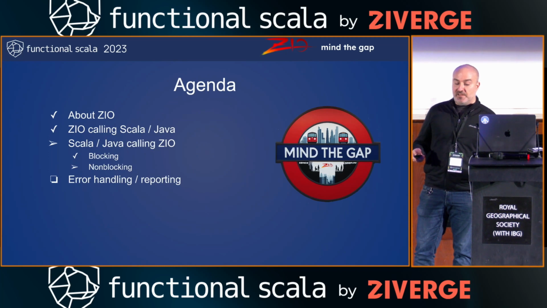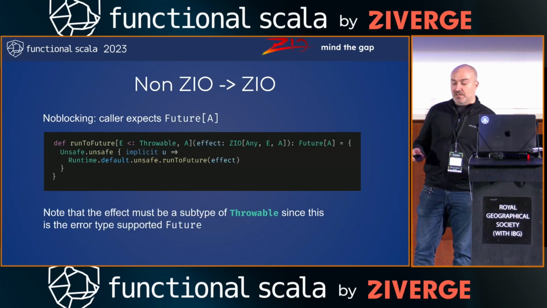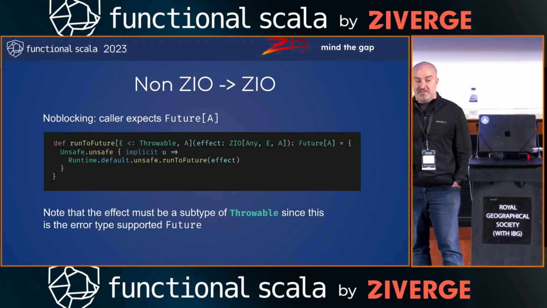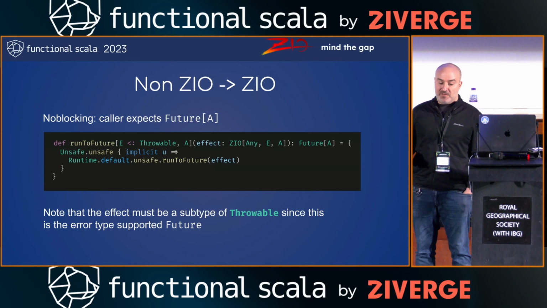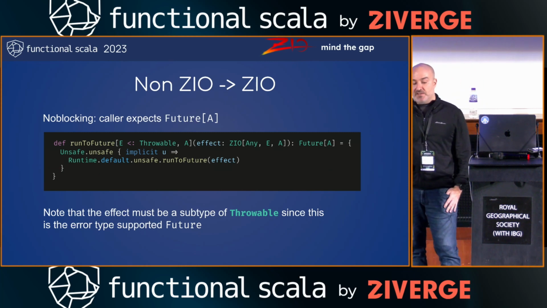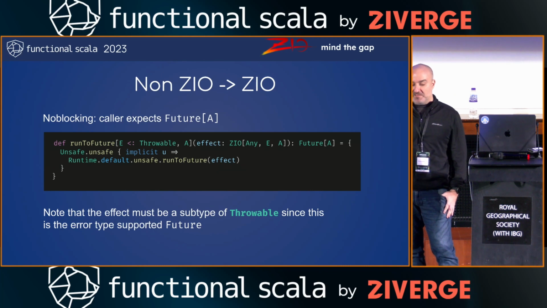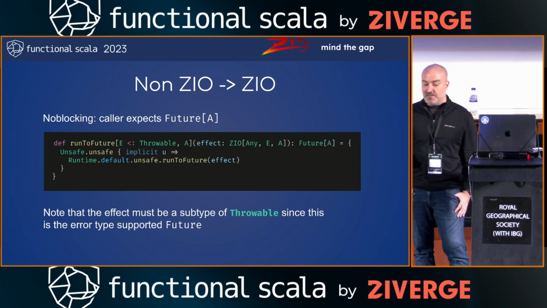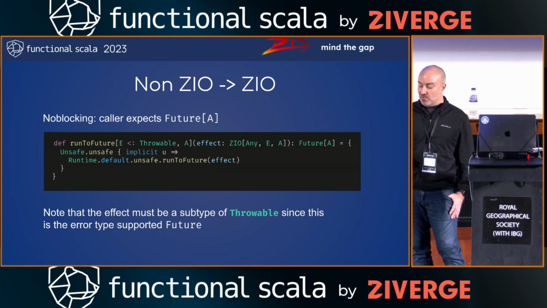Okay, so let's look now. We saw that the regular unsafe run is blocking, but if our client doesn't want a blocking operation, we can do a runToFuture, which is pretty much what it says. It returns a Future, if your effect has an error type that is Throwable or a subtype of Throwable.